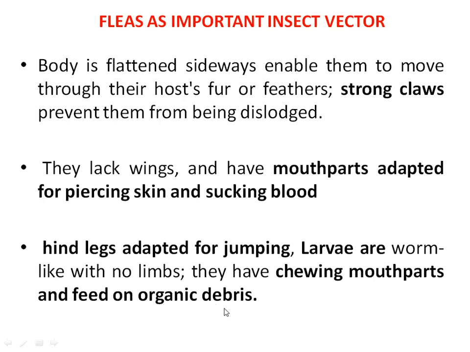So once they are present in the environment, where organic matter is available apart from the mammals and birds, they feed on the organic debris. Accordingly the chewing mouth parts, the mandibles, are present inside the oral cavity.